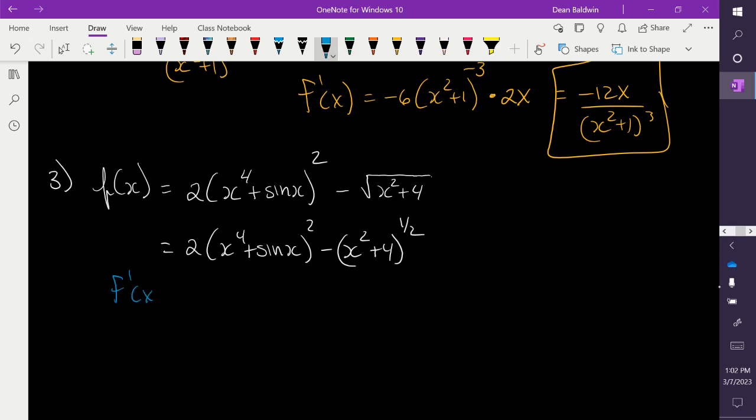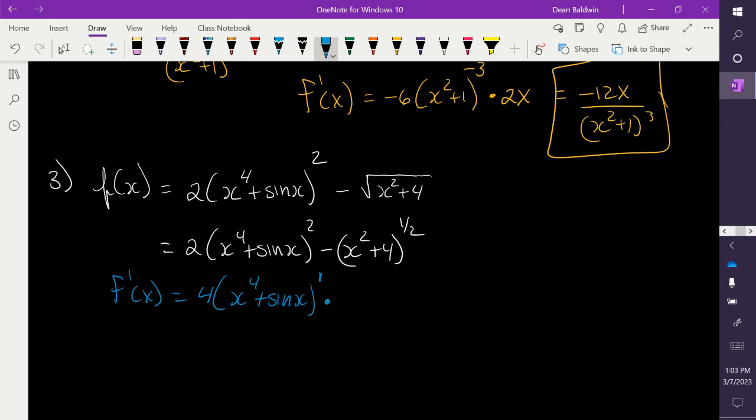So f prime of x. Because we have a separation by a subtraction, that means we have 2 terms. We can do each derivative separately, right? So we're going to do the derivative of this one first, which says bring down the 2. What's 2 times 2? 4. So we get 4 times (x^4 + sin x) to the power of 1, take away 1.